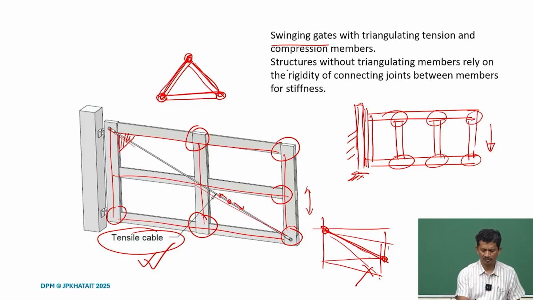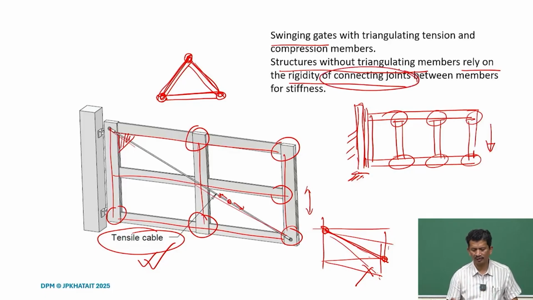A structure without triangulating members has to rely on the rigidity of the connecting joints. That's very important. But if it's triangulated, this is not required anymore. So it's very important to understand this part.